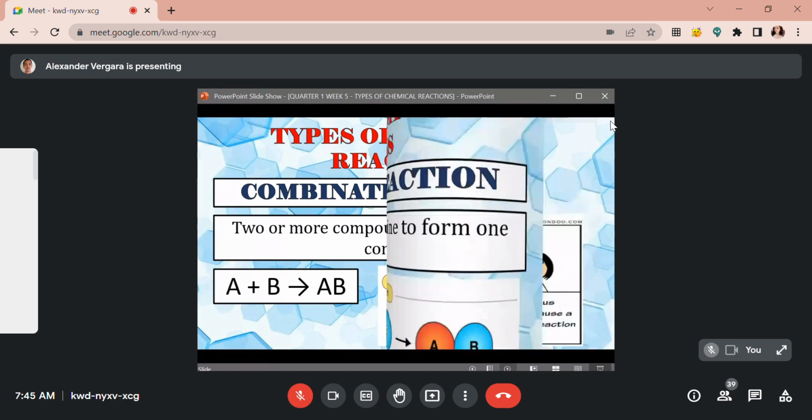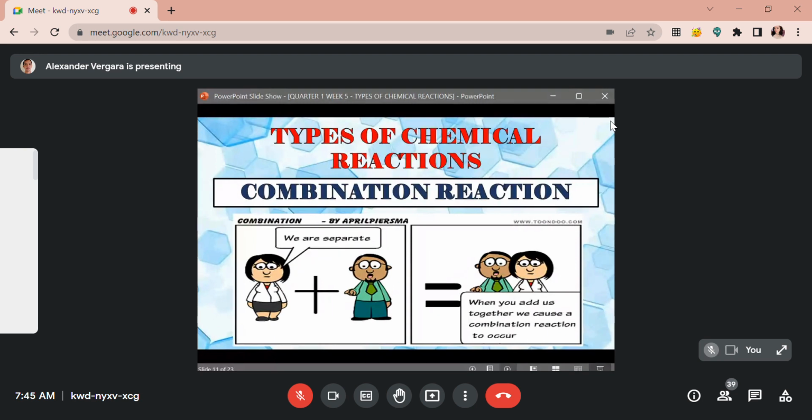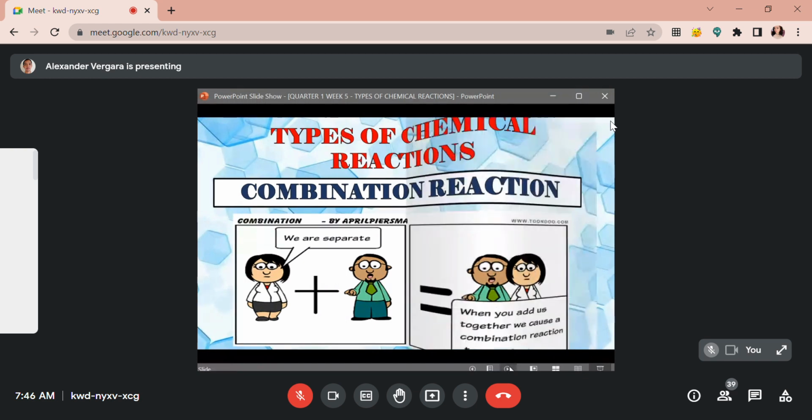Okay, for example here, not in real life, the one is the girlfriend and the other one is the boyfriend. And after that, they will be together. That is an example of the combination reaction. Boy plus girl, then that will be what? Couple already.